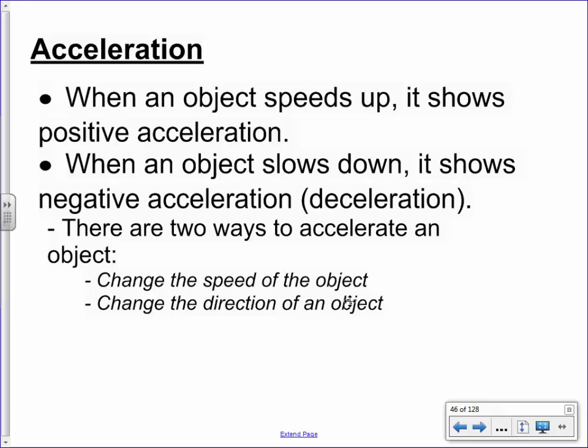Maybe you've heard the term like centripetal force or centripetal acceleration. Things that go in circles have a specific physics to them, and they have accelerations. So even though they might not be changing speed, if you change a direction, technically you change its acceleration too. But we're going to focus mostly on changing a speed.